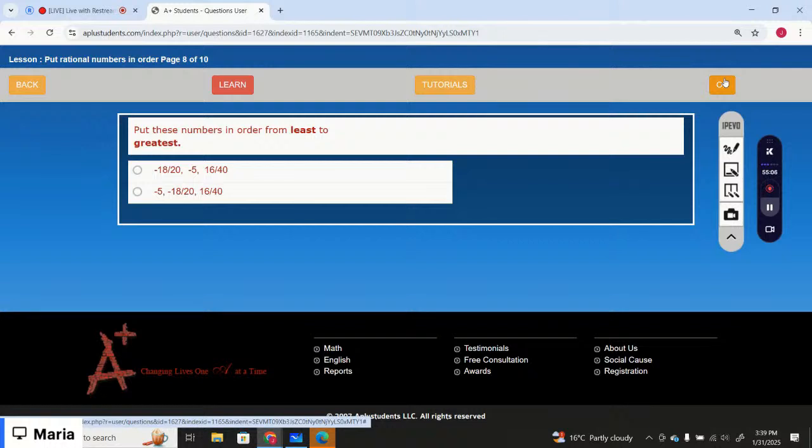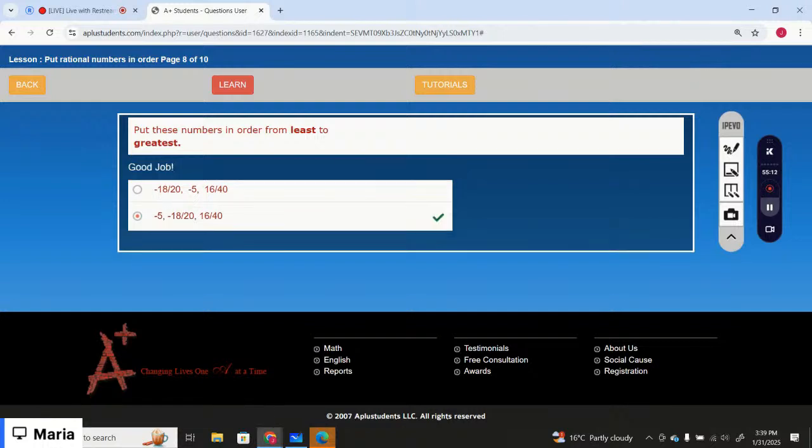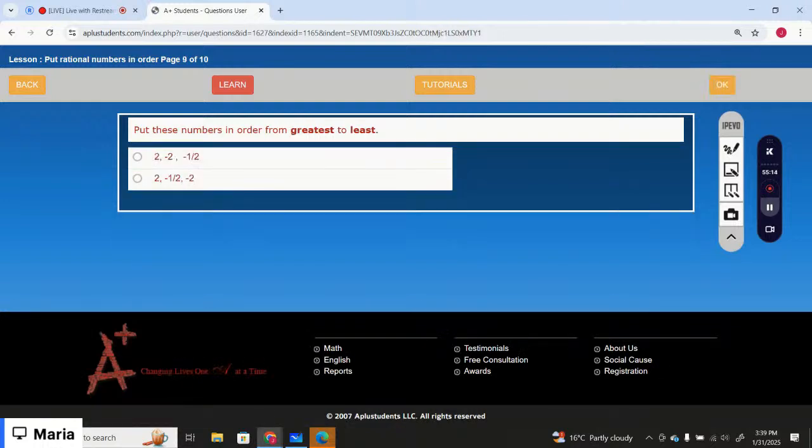Option number two is the correct option. Put these numbers in order from greatest to least.